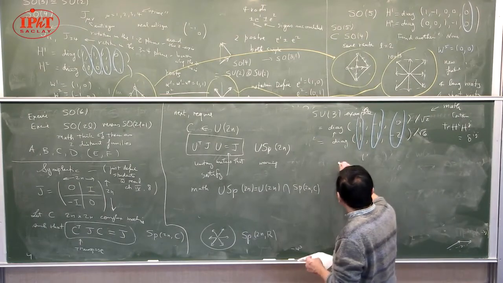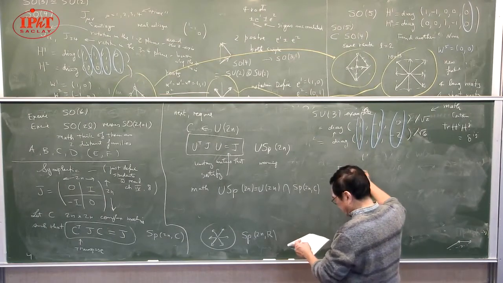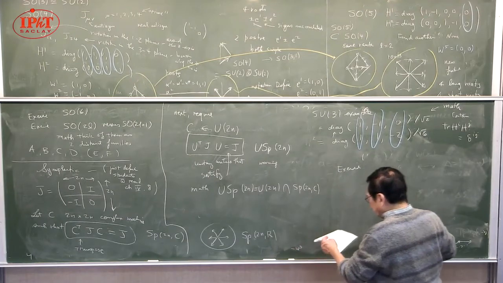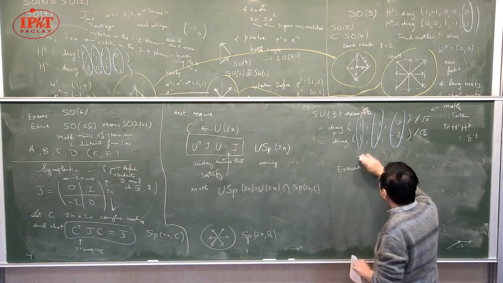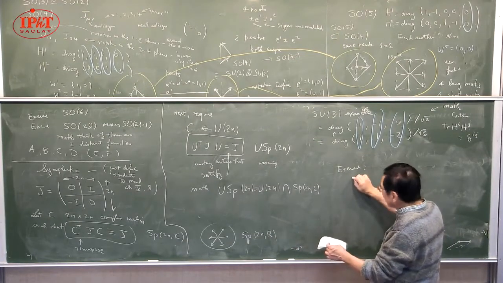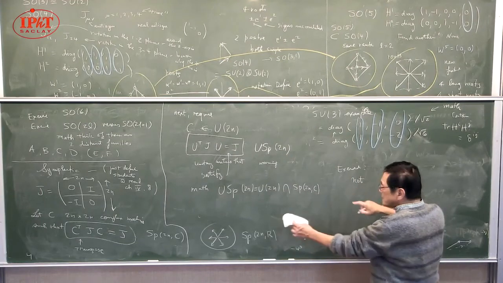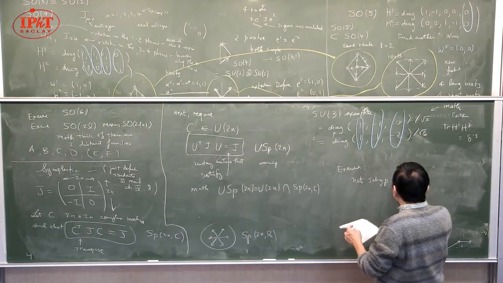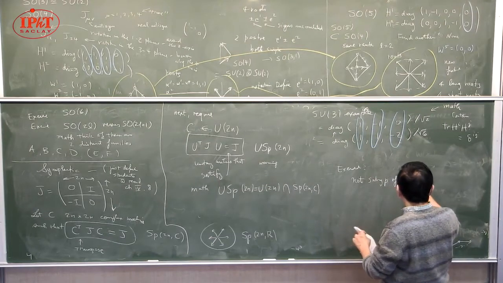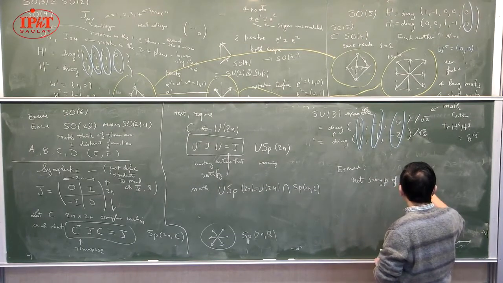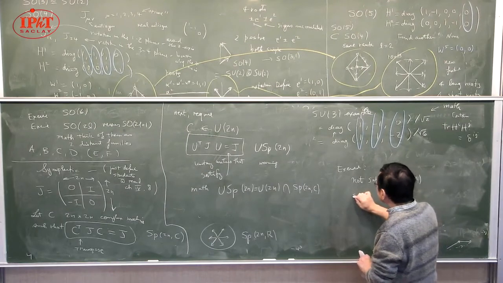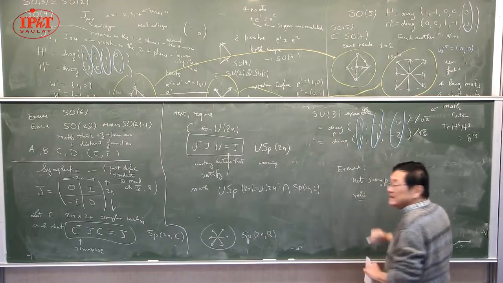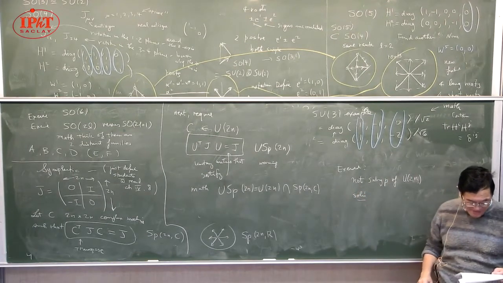Now here's an exercise: to show that this USP2n is not a subgroup of U2n. And the solution is very easy. You can do it in your head.